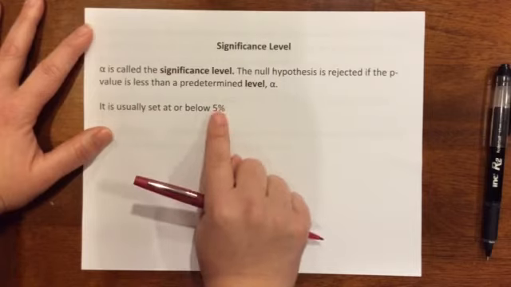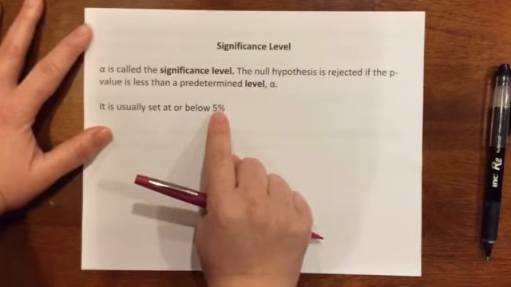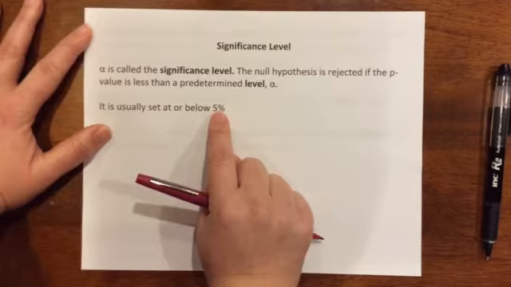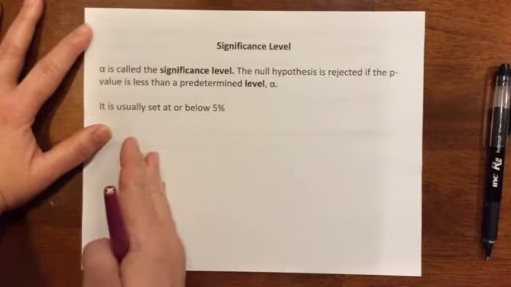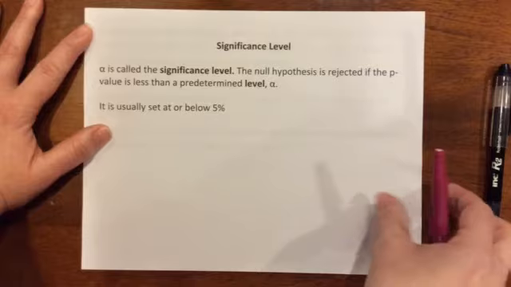Typically our level is 5%. So we're just setting a level that states anything below this alpha is unlikely to occur. Depending on the situation, your alpha may be 1%, maybe 10%, depending on the issue or how conservative you need to be, but typically we do 5%. And that's just a number that states anything below 5% is unlikely to occur.